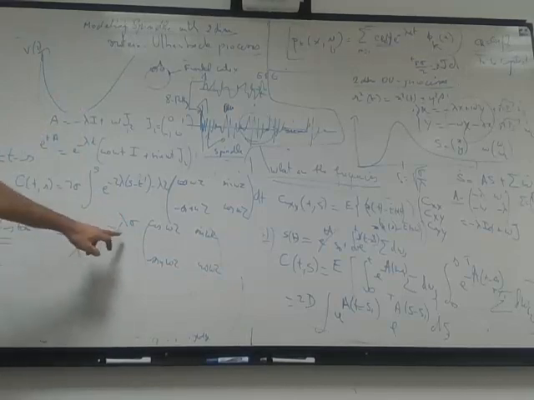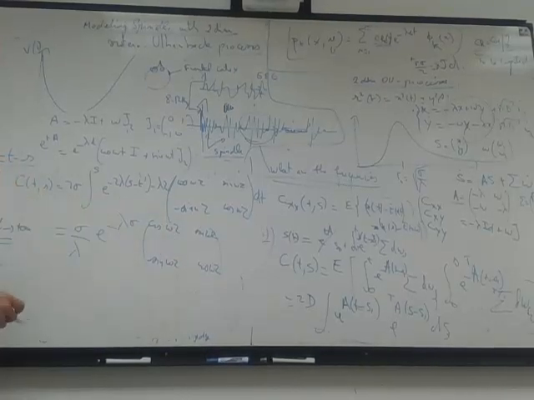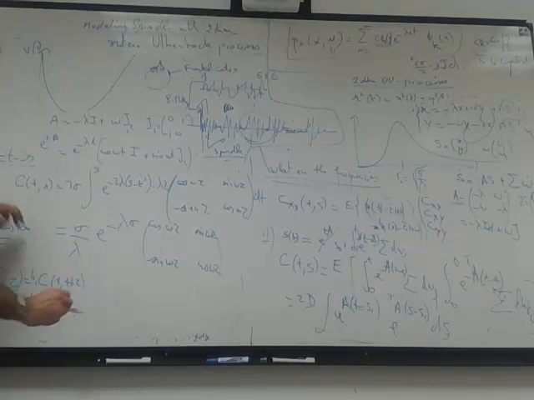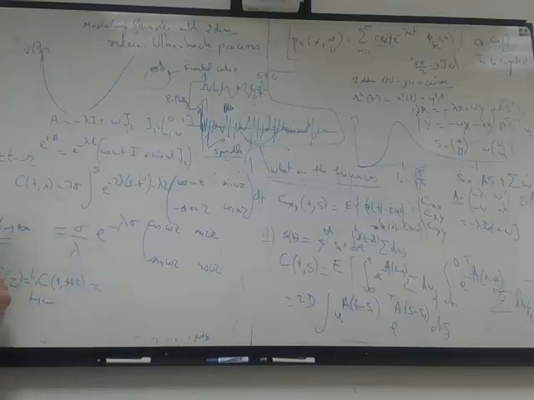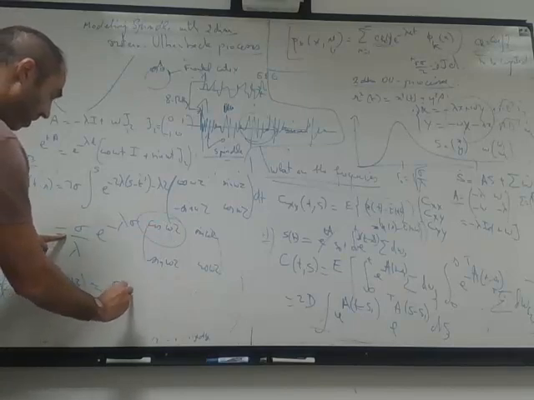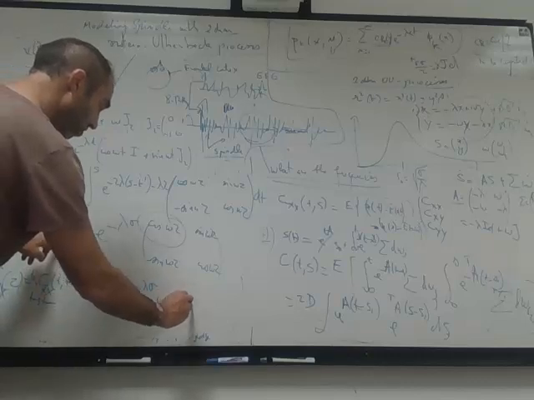This is the case tau positive. You remember when tau is negative, you have to take the absolute value. And so finally, C of tau, which is the correlation function when you take t plus tau and take the limit as t goes to infinity, and you take only the projection on x, which is only this one, you get sigma divided by lambda, exponential lambda sigma, cosine omega tau.